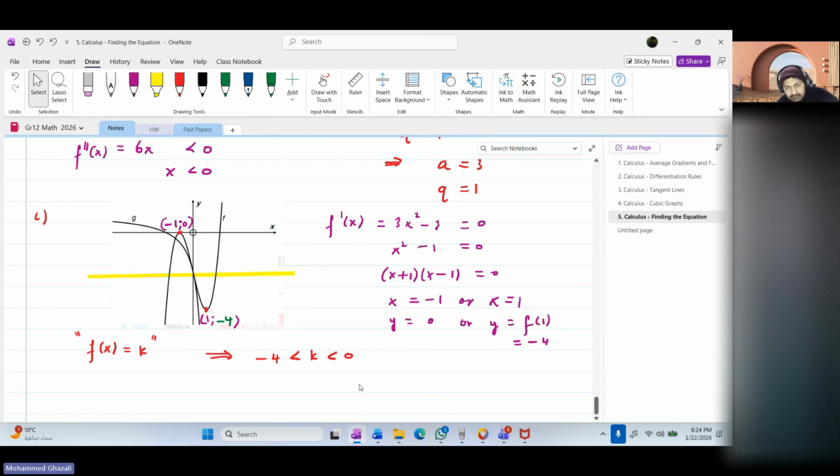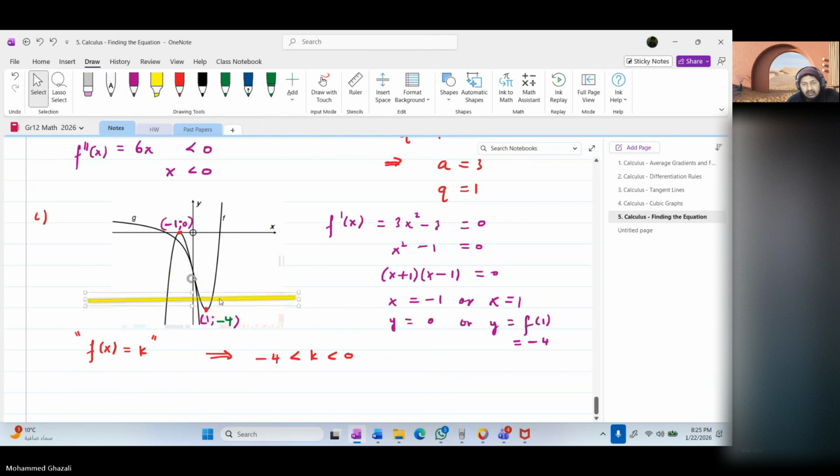So between minus 4 and 0, when you're solving this equation, you'll always get 3 different roots. Okay, if you go above the turning point, what happens? You get 1 real root. The cubic function cuts this horizontal line once only. You go below the turning point, the cubic function cuts the horizontal line once only. But in between the turning points, there are always three distinct roots. Can you see?